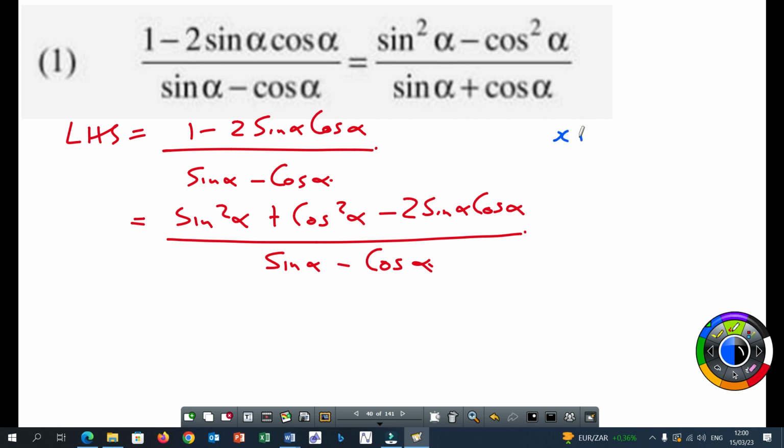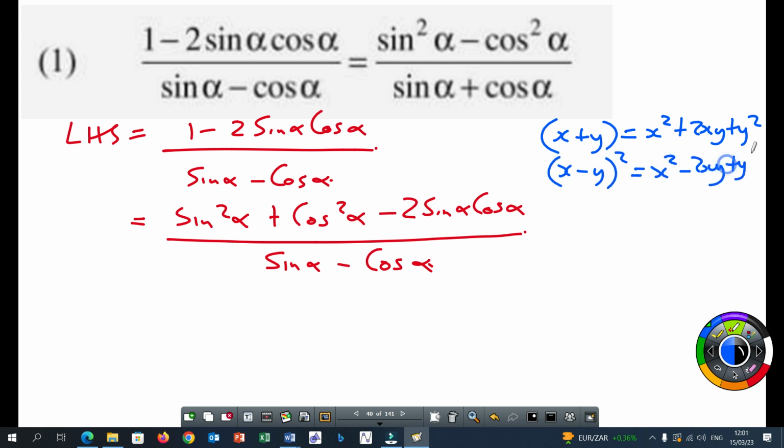If I give you something like this, and I ask you to expand it, you get x squared plus 2xy plus y squared. If I give you x minus y squared, you get x squared minus 2xy plus y squared. Are you following that?